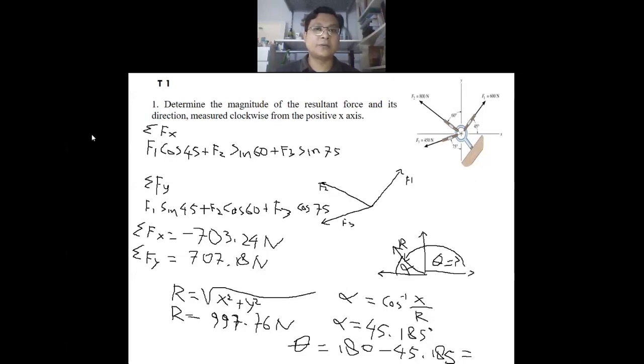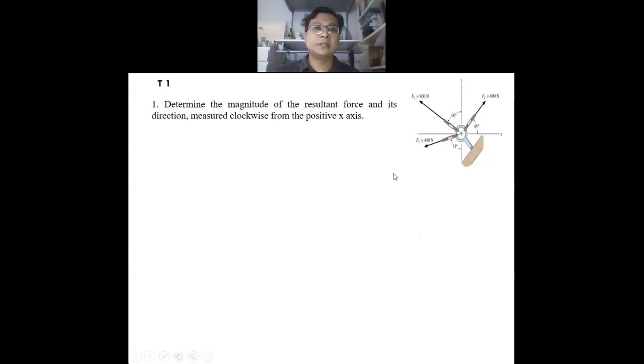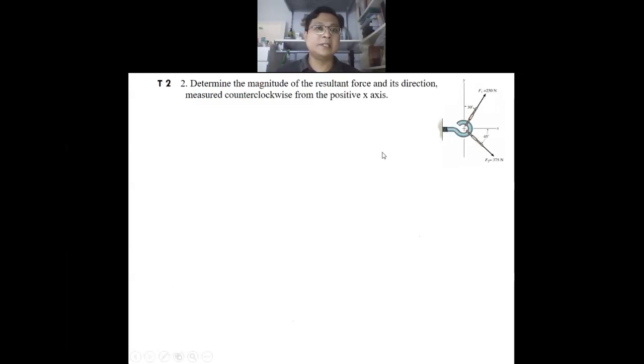Now we go to question number 2. It's quite easy compared to number 1. We just use 2 forces here, which I think is easier.